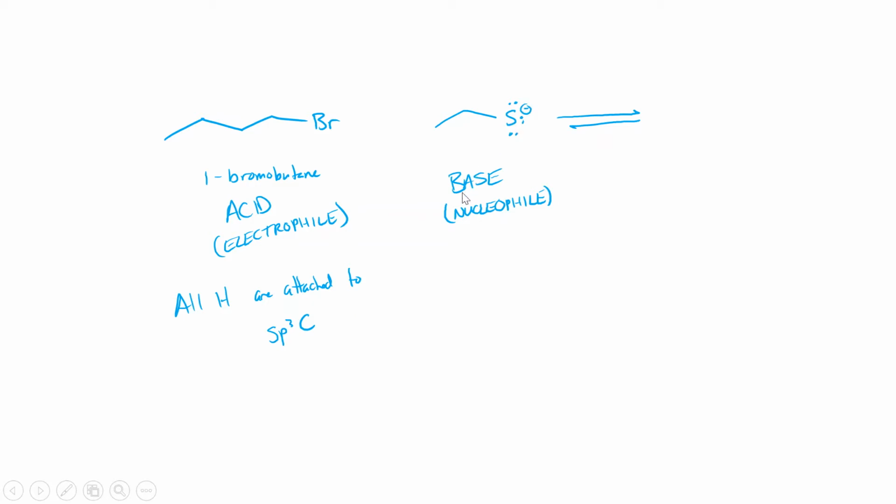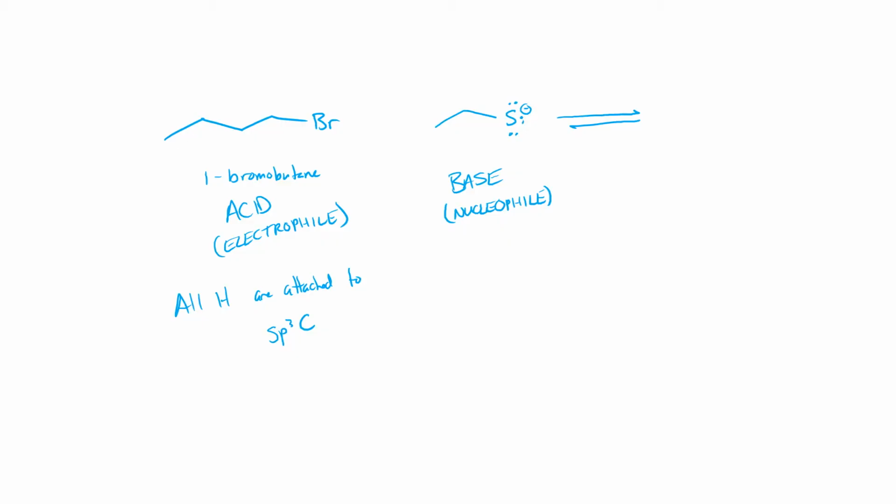What is the most stable conjugate base that we can make from this process? Or put another way, where is the negative charge the most stable in this molecule? We have a couple of choices: carbons, sulfur, and bromine.